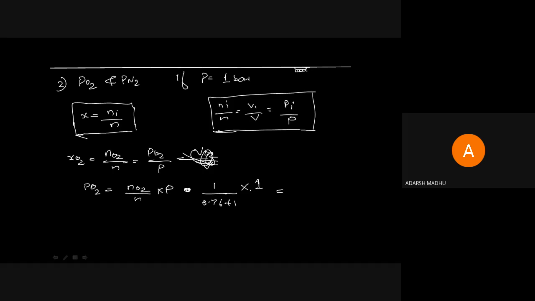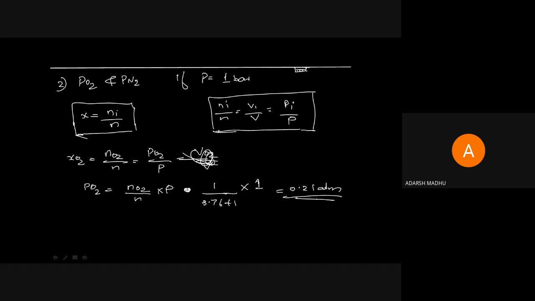We are taking 1 atmosphere pressure, so we will get PO2 as atmospheric pressure. Therefore, PO2 is 1 by (1 plus 3.76 plus 1) into 1, equal to 0.21 atmosphere.